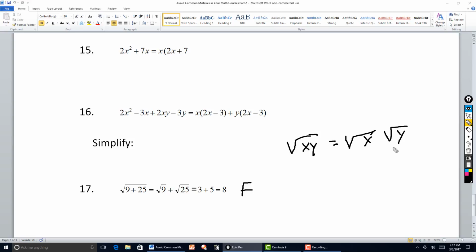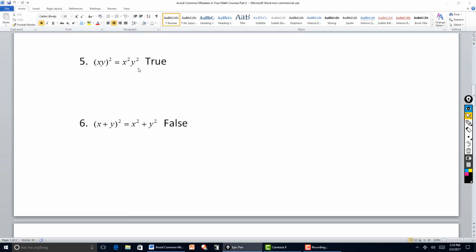Because in this case, notice, since we have numbers here, I can add these up. 9 and 25 is 34. Okay. So I know the square root of 36 is 6. So 34 is smaller than 36, so I should get a number smaller than 6. Okay. And this is saying the answer is 8. So just by that, I know it's false.